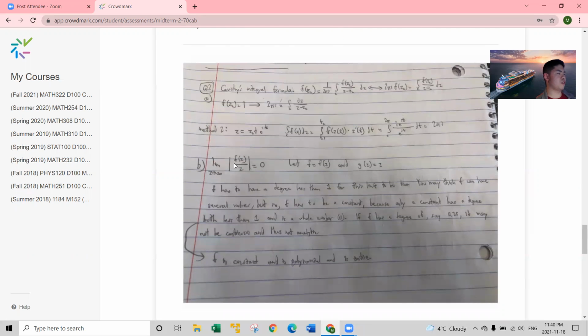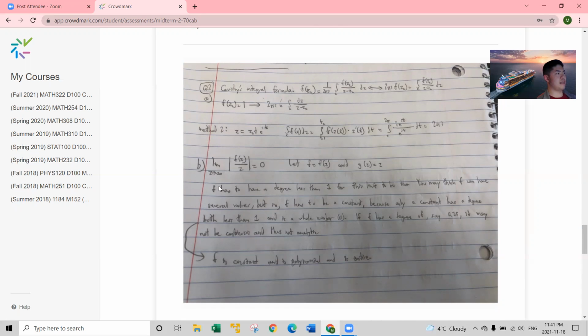Part B, show that f of z has to be constant. Let f equal f of z and let g equal g of z. I'm very not confident about my answer, but I thought it was kind of logical. I just used calculus 1 knowledge to do this, honestly.